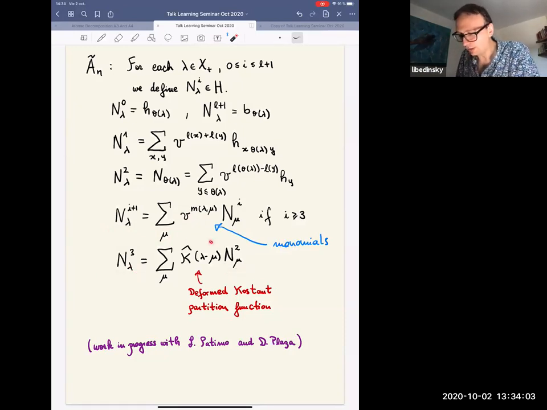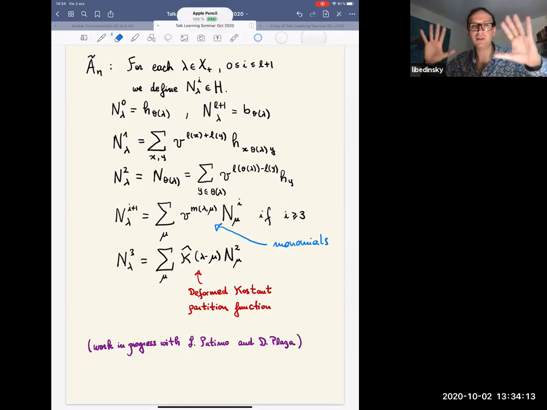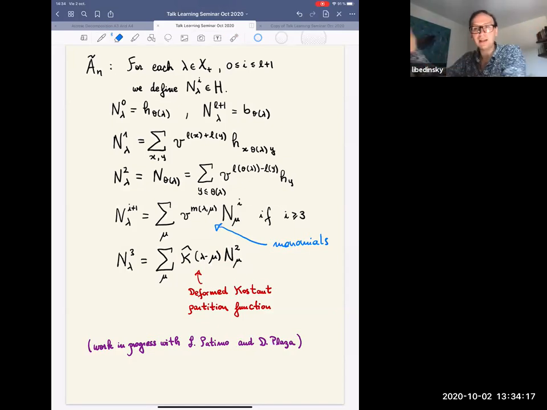Then you have some kind of deformed constant partition function, something also very concrete. So if we are able to prove this, I think the level of computations will be immense. We will be able to calculate way further, and I think that conceptually it's really nice.